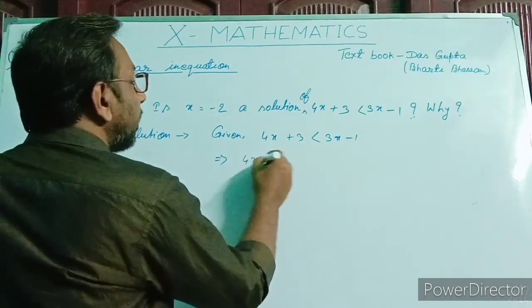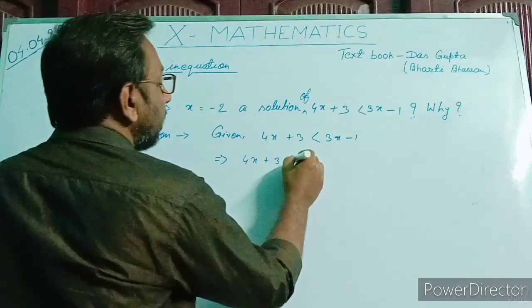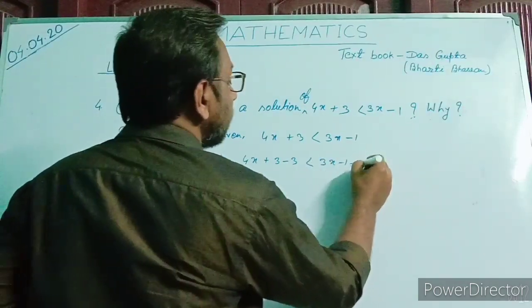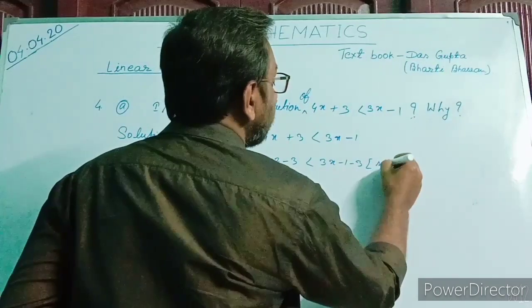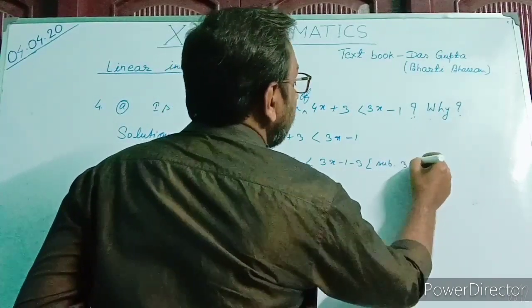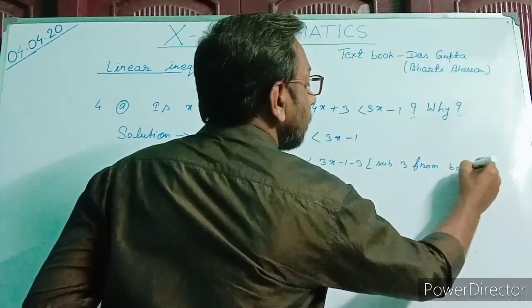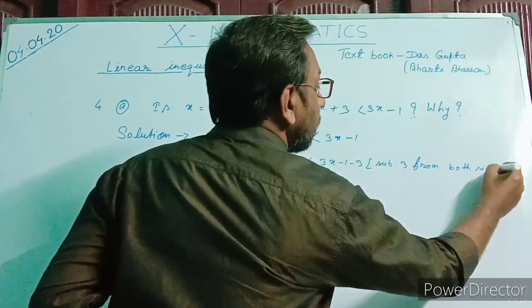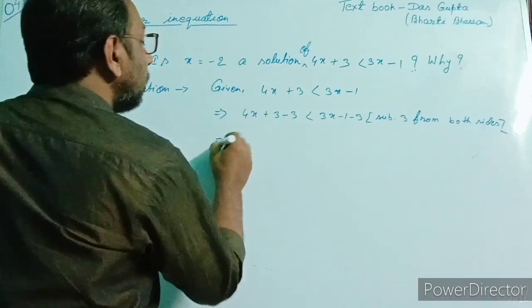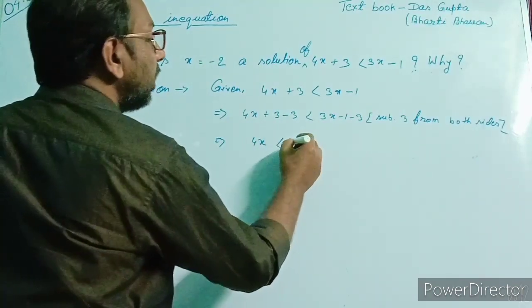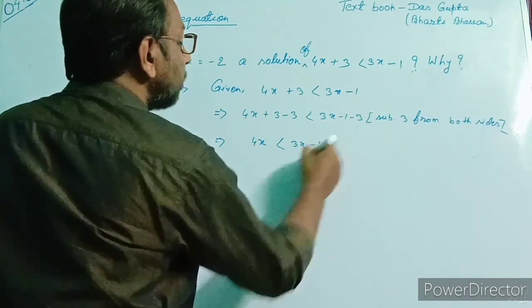First of all, we will cancel this 3 by subtracting 3 from both sides. In bracket, subtracting 3 from both sides. Now this plus 3 minus 3 cancelled. We have only 4x is smaller than 3x minus 4.